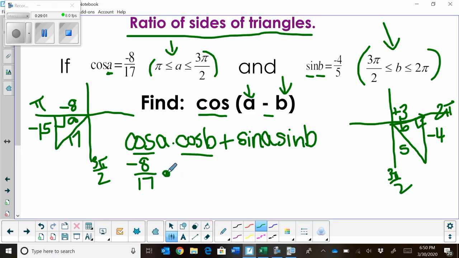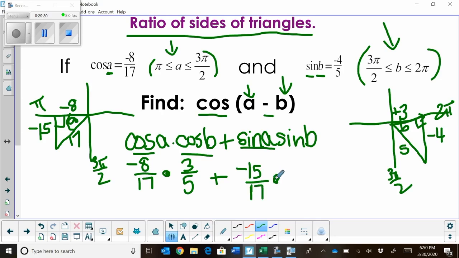We're going to multiply that by the cosine of B. This is B, and what do we know cosine is here? Adjacent over hypotenuse, so 3/5, plus sine of A. We go back to the first triangle because that's angle A. The sine is -15/17.